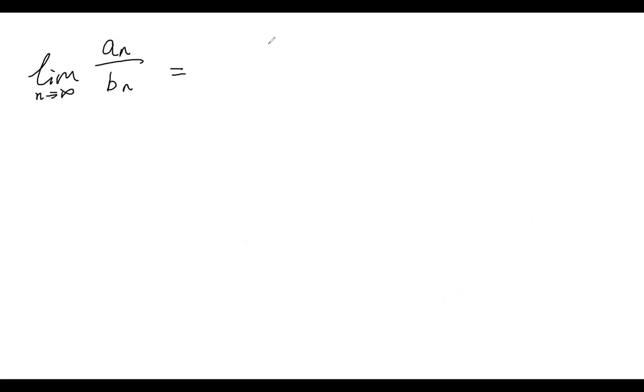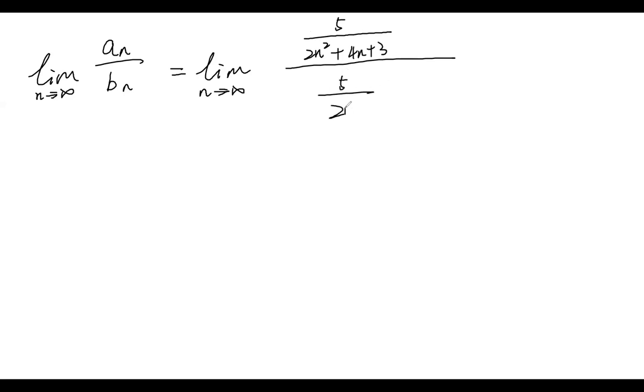This is equal to, well, AN is 5 divided by 2n squared plus 4n plus 3. Put the limit first. Limit as n approaches infinity of 5 divided by 2n squared plus 4n plus 3, and the bottom is 5 divided by 2n squared. And this is equal to the limit as n approaches infinity. You can do some algebra here. You can cancel this term. You get 1 divided by this over 1 divided by 2n squared.